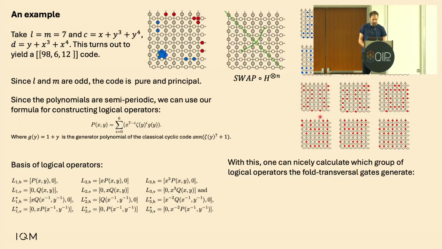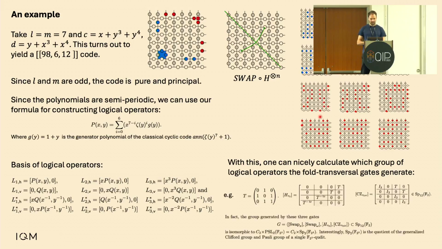And then if you now would go and, for example, as a use case, would be interested in what is the action of my fold-transversal gate, if it's applicable, here it's applicable. If you want to track what the action of your fold-transversal gate is, then it's almost as simple as for the toric code, because you have this very nice basis to work with, where things don't interfere and so on and so forth.